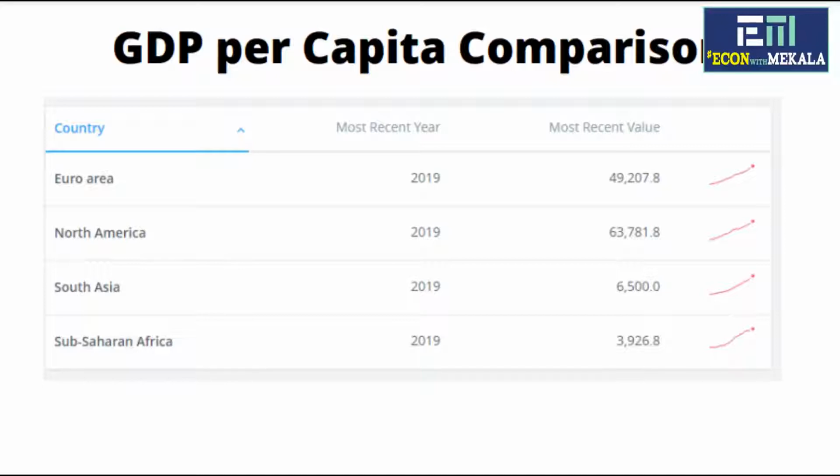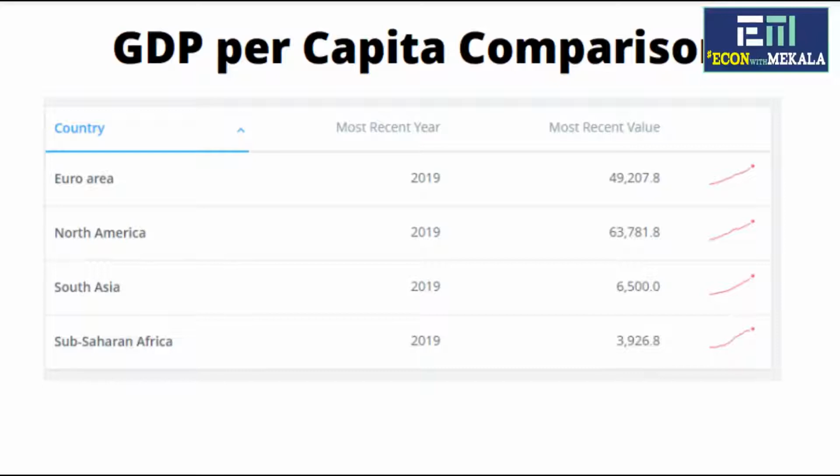I found GDP per capita in the European region, North American region, South Asian region, and Sub-Saharan African region. If you look at these four regions, the lowest GDP per capita is in the Sub-Saharan African region. That shows the lowest living standards of citizens is in Sub-Saharan African countries, whereas the highest living standards are enjoyed by people in the North American region.